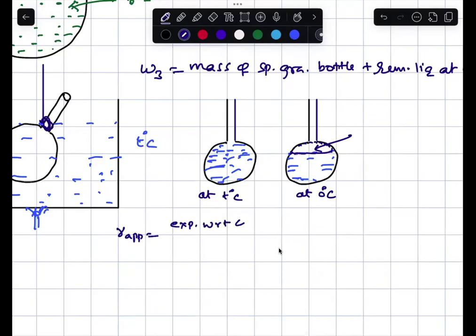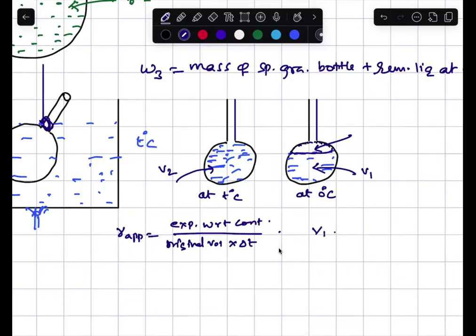Expansion with respect to container, divided by original volume into rise of temperature. Now let us assume that this volume is V2 and this volume is V1.